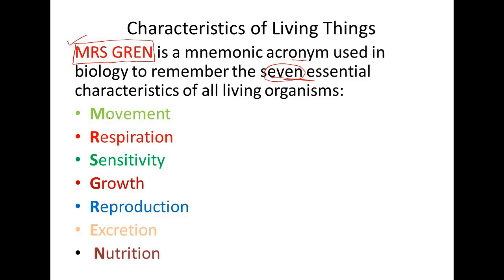First, M stands for movement. R stands for respiration. S stands for sensitivity. Sensitivity means receiving external and internal stimuli so that any living organism can notice the change of their surrounding as well as inside their body. G is for growth. R for reproduction. E for excretion.